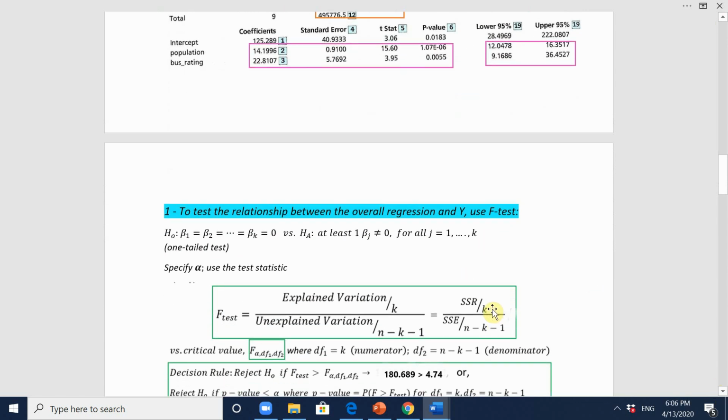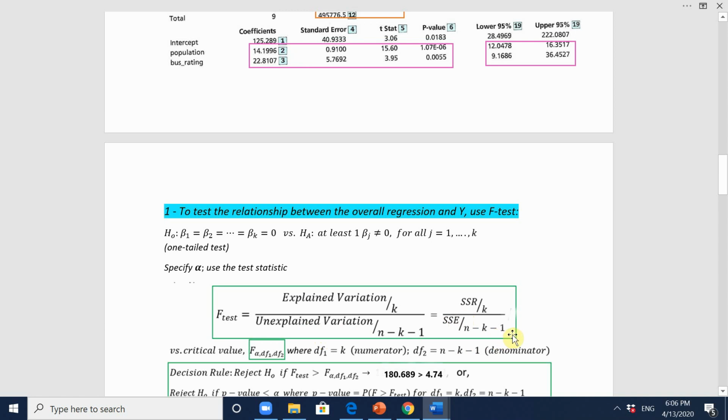That's for the numerator. In the denominator, I'm looking at my unexplained variation. That's the SSE, the sum of the squared residuals, for the unexplained component. And that is divided by n minus k minus 1.